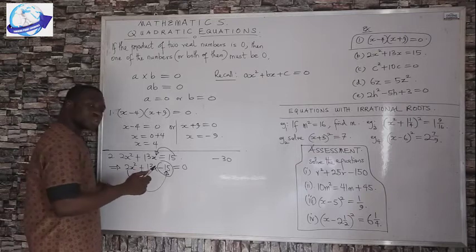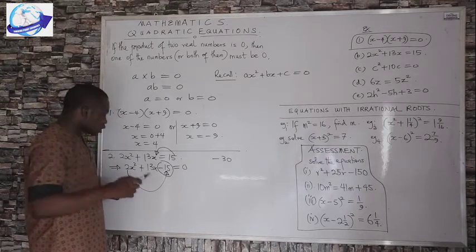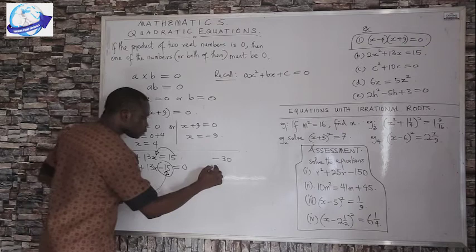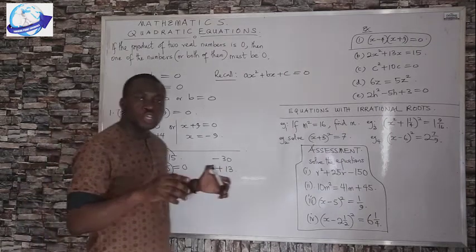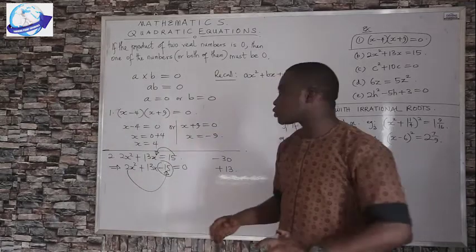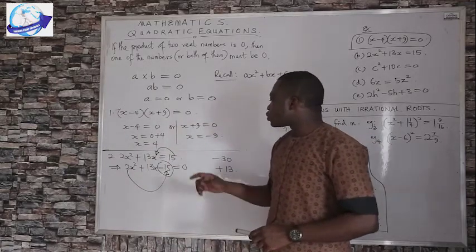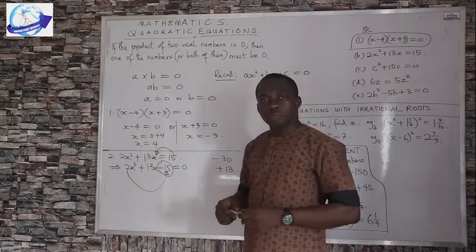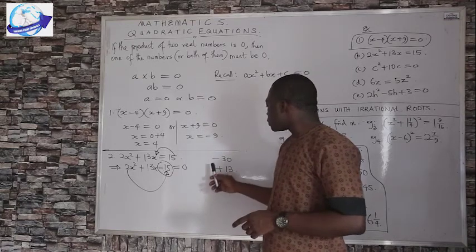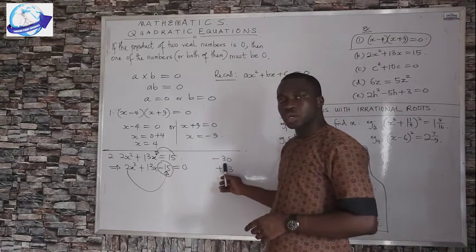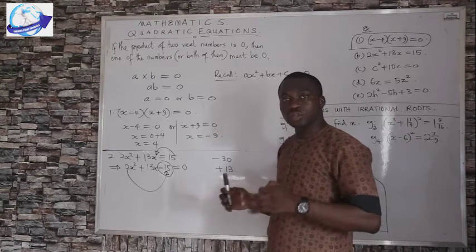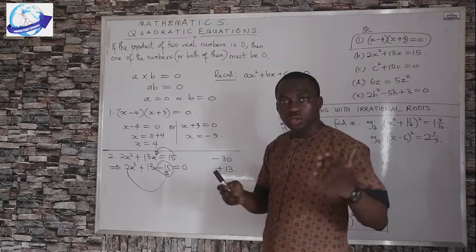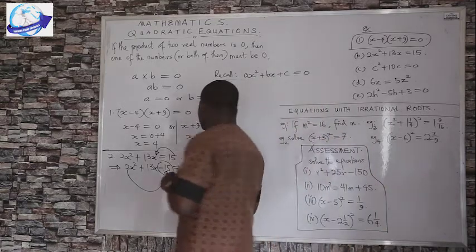So then the coefficient of x is plus 13. You have plus 13. Now here it goes. You want to find two factors that when you multiply, you get minus 30, and if you add them together, you get plus 13. So what are the two factors? Simple way to get it is this.